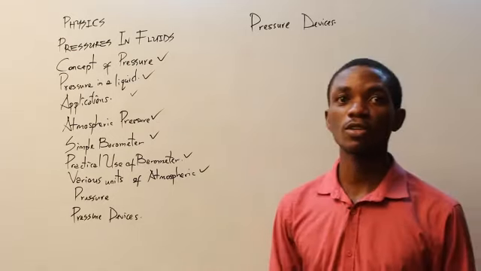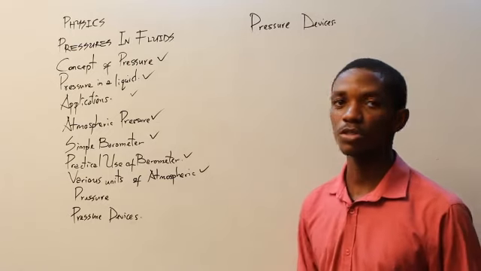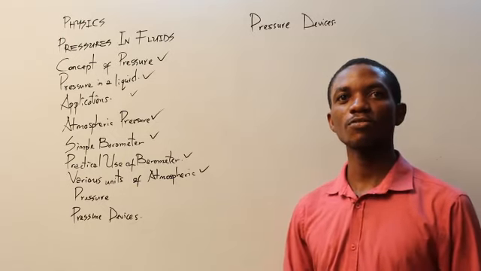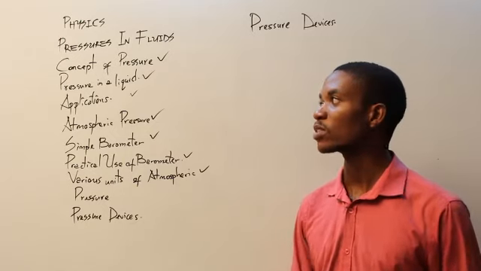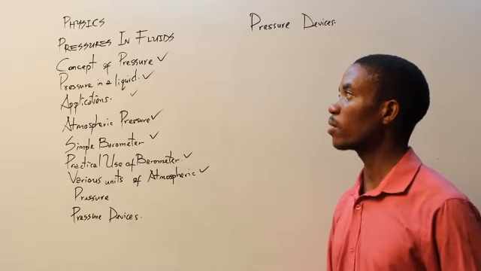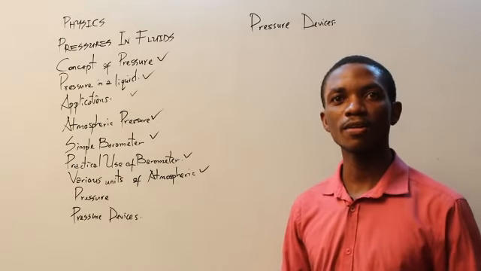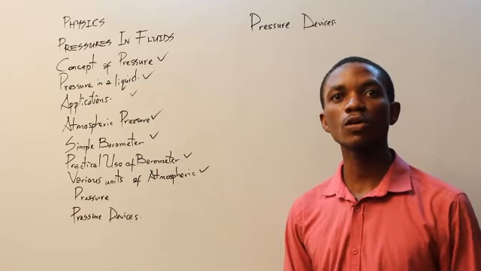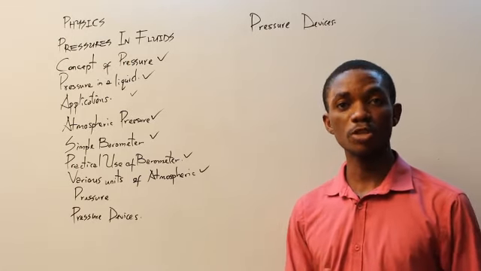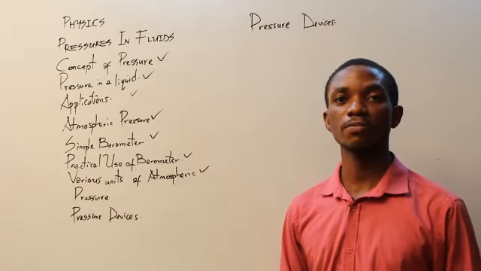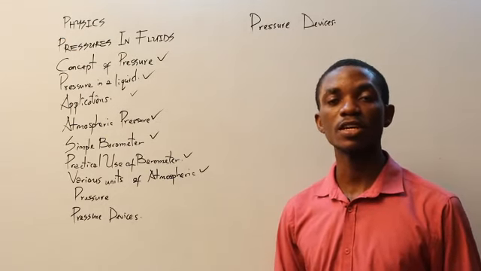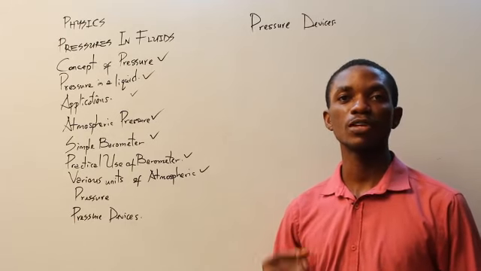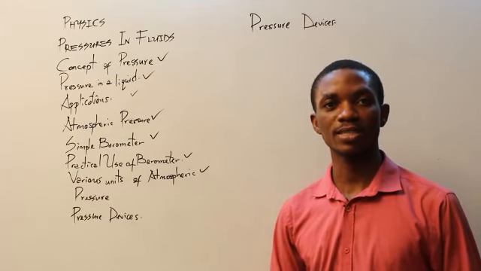In this topic, we have considered pressure in fluids. We talked about the concept of pressure, where we define pressure as the force acting per unit area on a thing. We talked about pressure in liquid, and we gave the formula for calculating it as P equals density multiplied by acceleration due to gravity multiplied by the height of the liquid above the point where the pressure is being exerted.